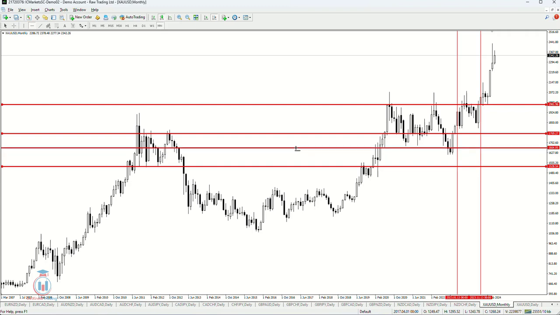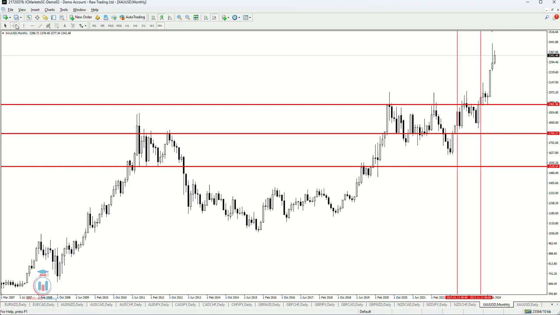Now if you take a look, this will be a little bit unclear, because this horizontal support and resistance line does not go where most of these wicks and candle opens and closes are. So usually if you have something like this, just a minute, we need to uncheck these so I can clearly delete this one.